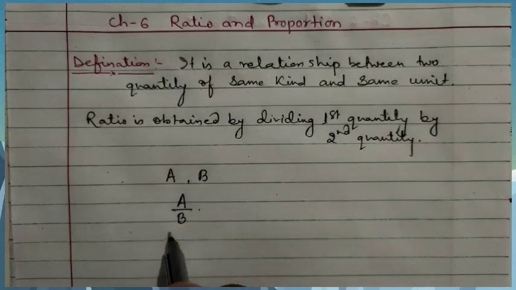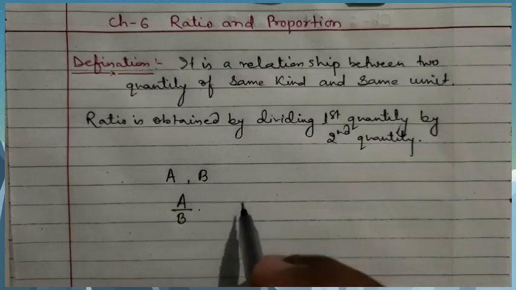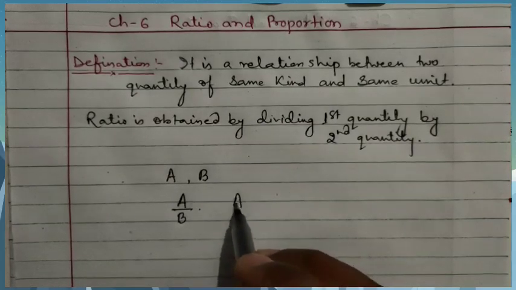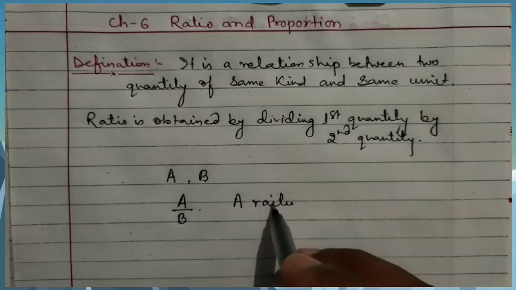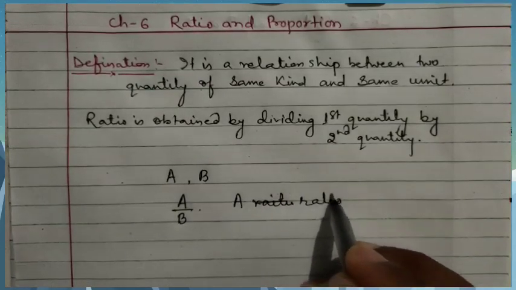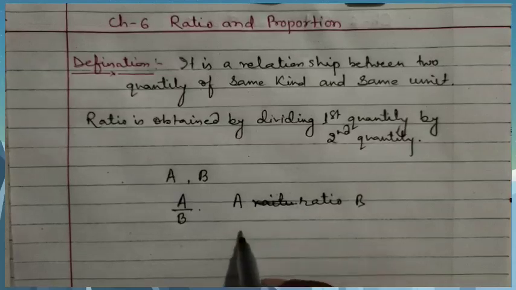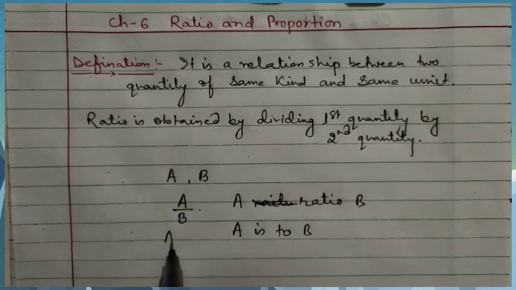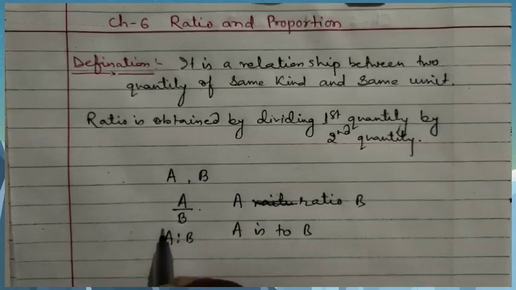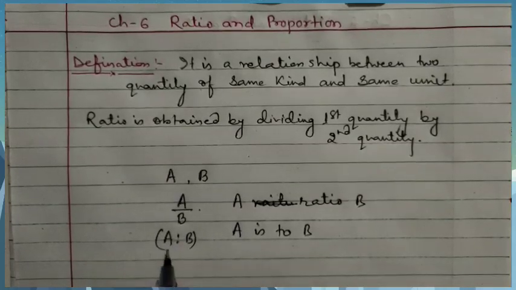This will be called A ratio B. You can pronounce it A ratio B, or you can say A is to B. It is written like this also, A is to B.